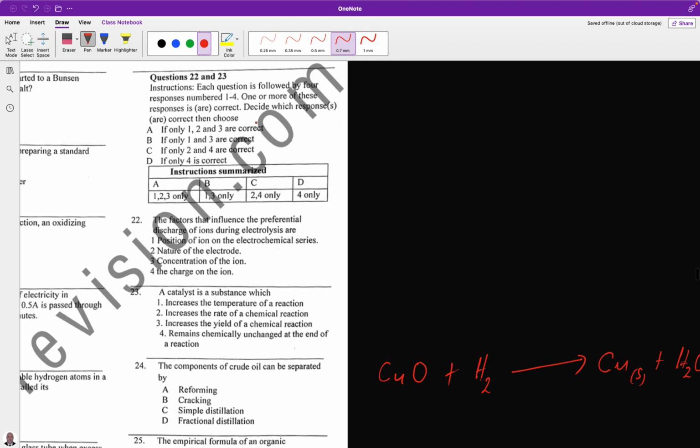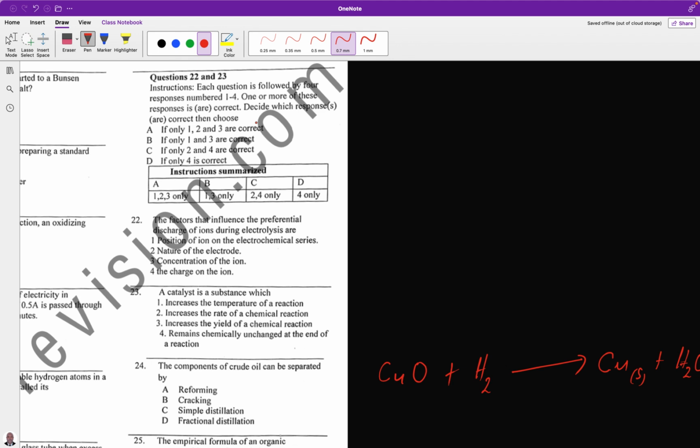Okay, question number 22. The factors that influence the preferential discharge of ions during electrolysis are: 1, the position of the ion on the electrochemical series, yes. 2, the nature of the electrode, yes. 3, the concentration of the ion, yes.